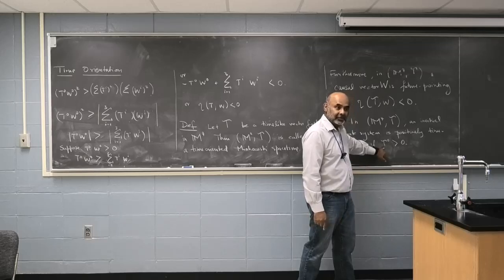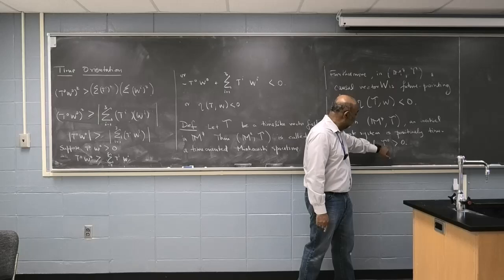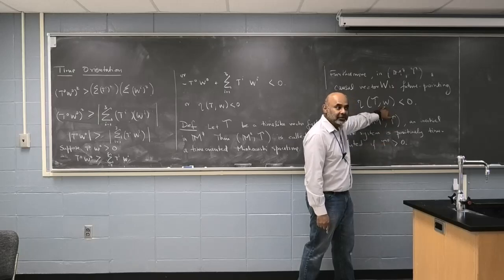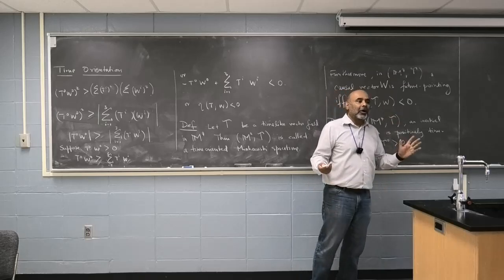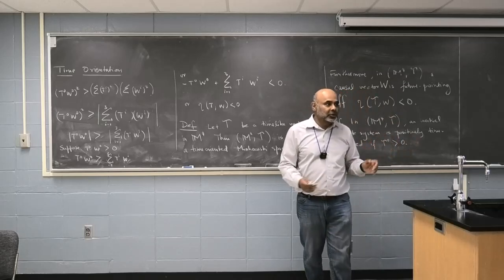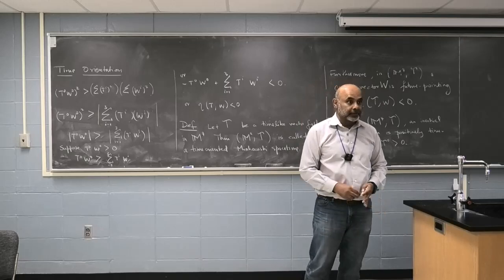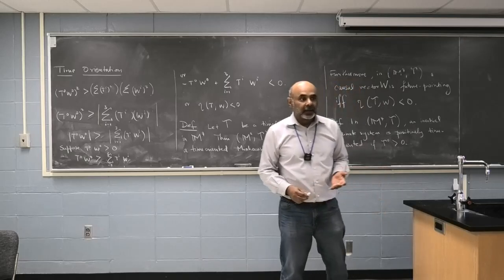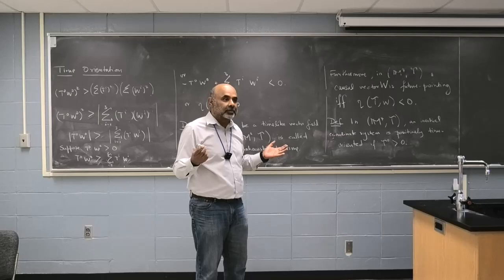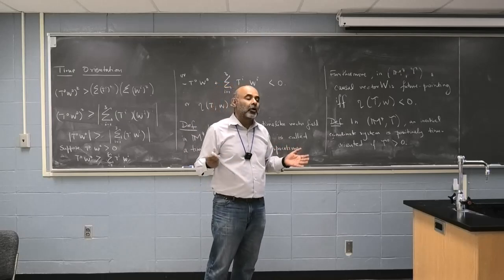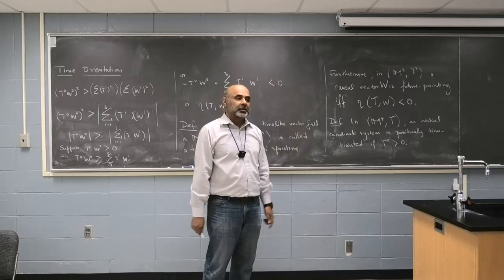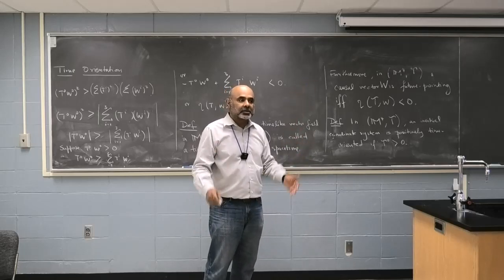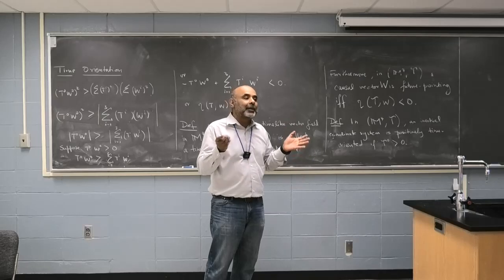Correct? But T0 is greater than 0. So what must be true of W0? Must be greater than 0. So all this abstraction just to catch your nose the long way. End of the day, if you have a nicely oriented coordinate system, a causal vector field or a vector is future pointing if its 0 component is greater than 0, if the time component is greater than 0. Meaning you're not flowing to the past.